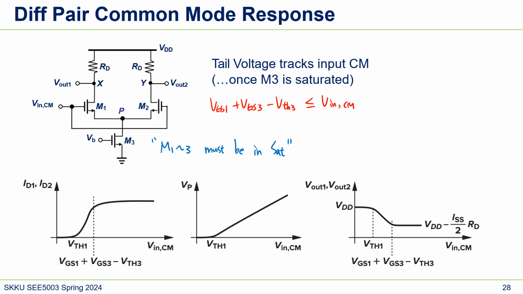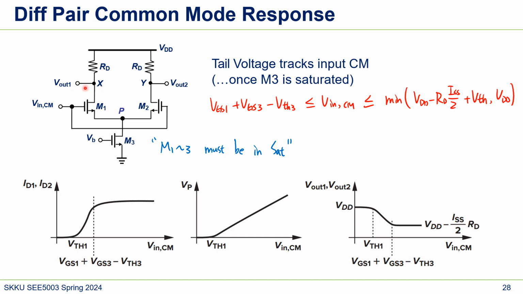It turns out the maximum will be the minimum value between VDD minus RD times this, plus VTH, or VDD. Let's see what it means.